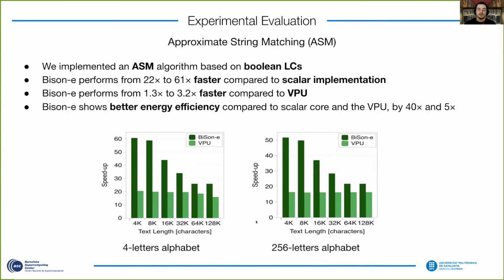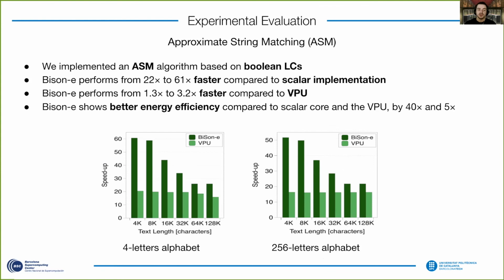As you can see from the images, BiSone is from 22x to 61x faster compared to the scalar implementation, and 1.3 to 3.2x faster with respect to the VPU.